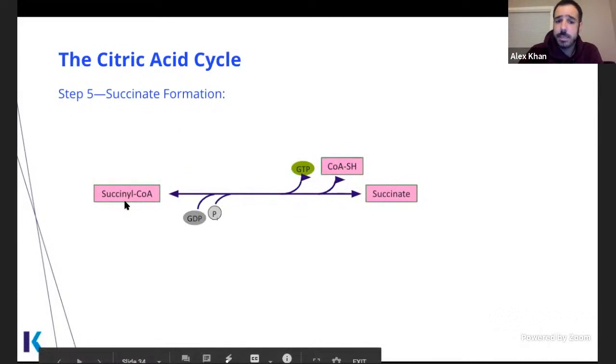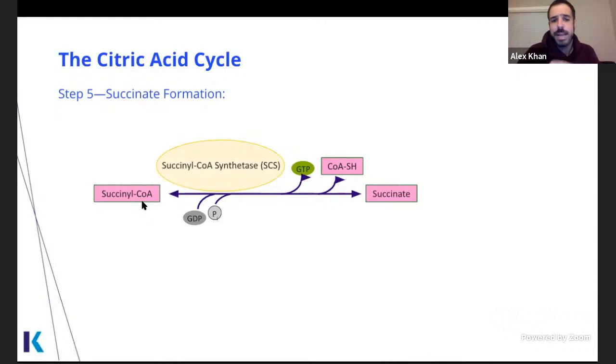So we're taking our succinyl-CoA, we're turning it into succinate, and we are going to be using the energy stored in that bond to do something cool. That something cool here is the production of GTP. GTP is a nucleoside triphosphate, high energy, very similar to ATP. And here we have succinyl-CoA synthetase as the enzyme that's making this happen.